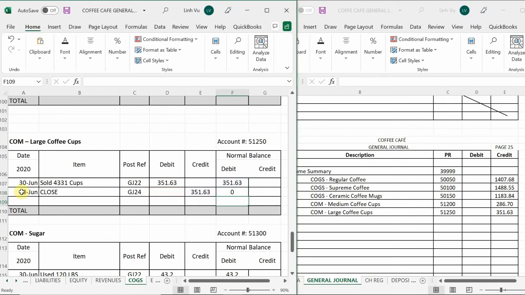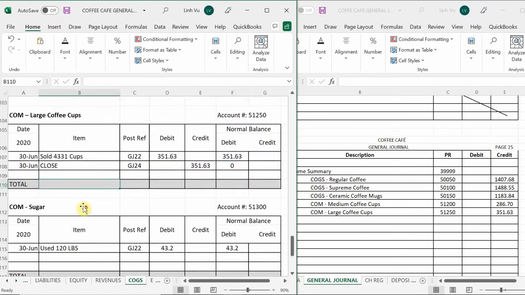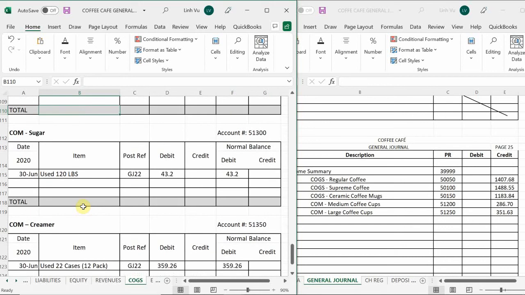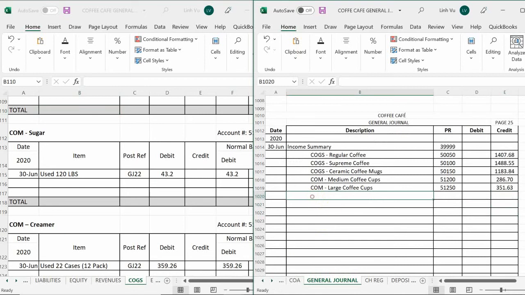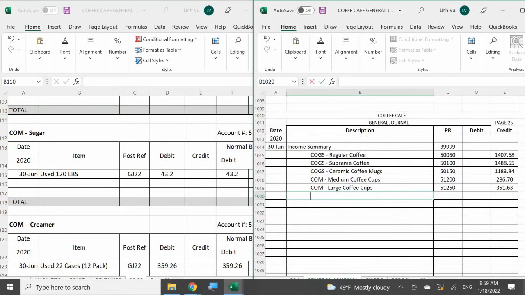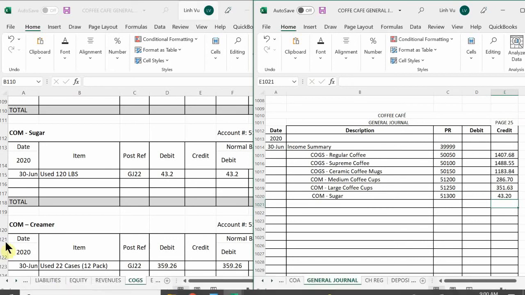Account back down to 0. All right, next we have cost of materials for sugar, for the total amount of $43.20.